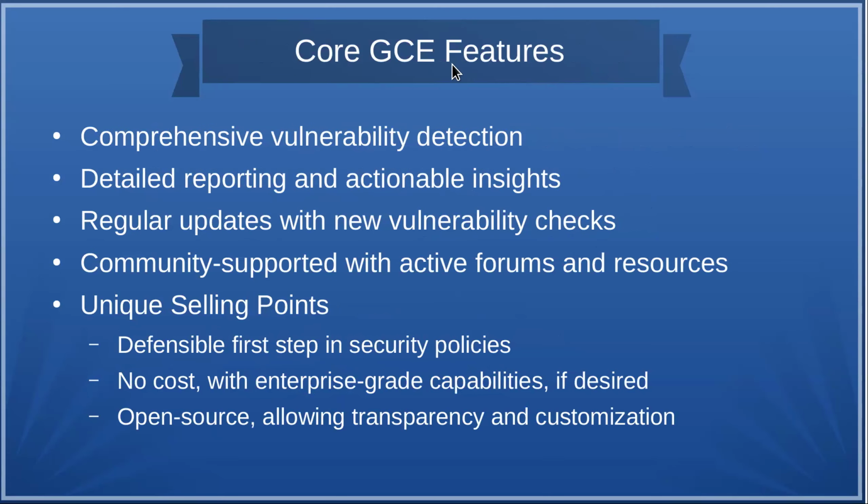GCE, again, is the Greenbone Community Edition. It is a comprehensive vulnerability scanner and detection tool, provides decent reporting, and allows you to send emails and things like that if you happen to hit a high priority vulnerability. It is updated regularly, although we'll see in a few minutes, it is not as fast as the commercial version.